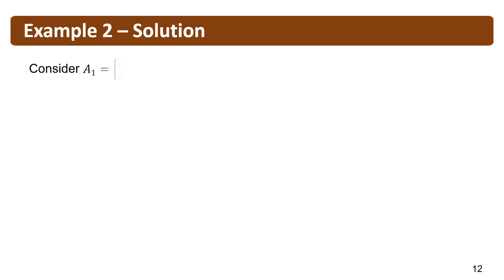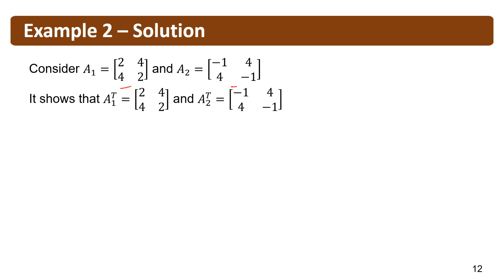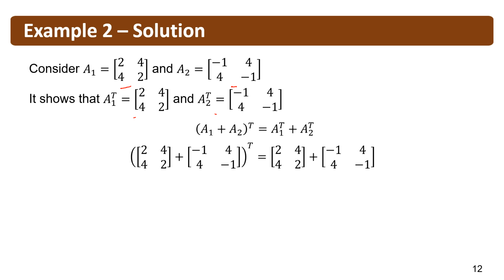Now you can use an example. In this case, this one is symmetric, and this is also symmetric. When we take the transpose, it is similar. If we add them, we add first, and then on the other side we take the transpose of each.